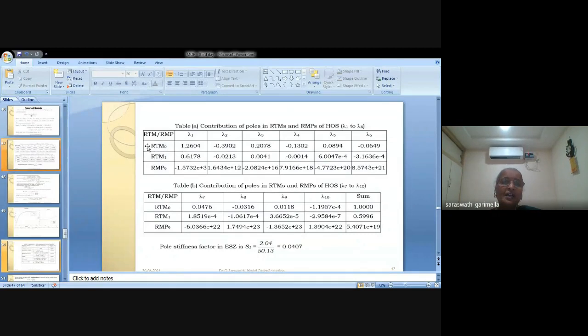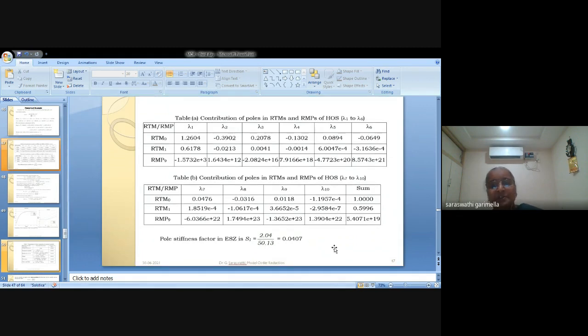I considered these three: RTM 0, RTM 1 and RMP. These are having the highest contributions, and here I am saying this is the highest contribution and this is the lowest contribution. That's what I defined.